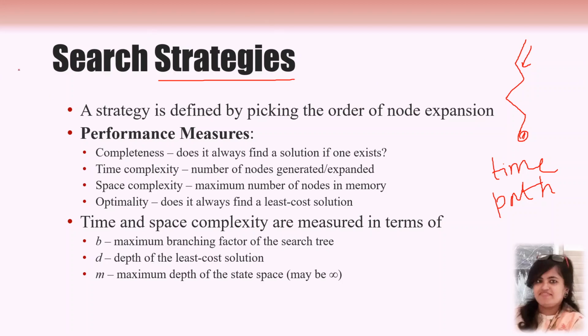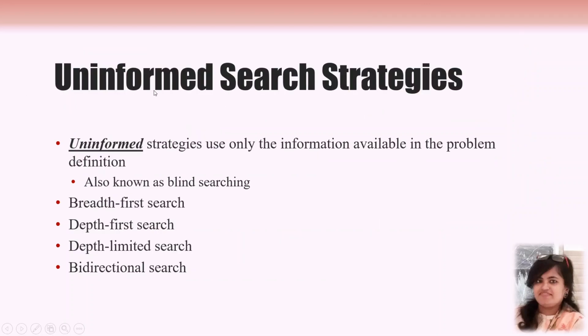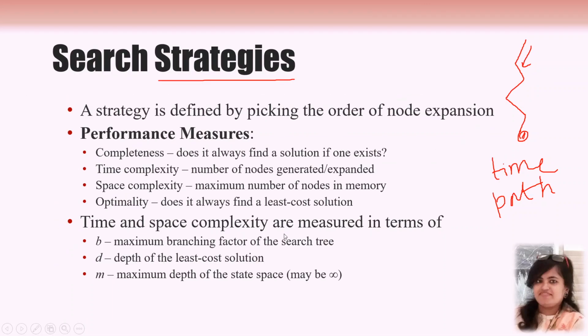So if one particular search tree has suppose 3 branches, let me just draw it. Suppose this is one particular node, and it can have two branches. So there are two branches, so the branching factor is 2.